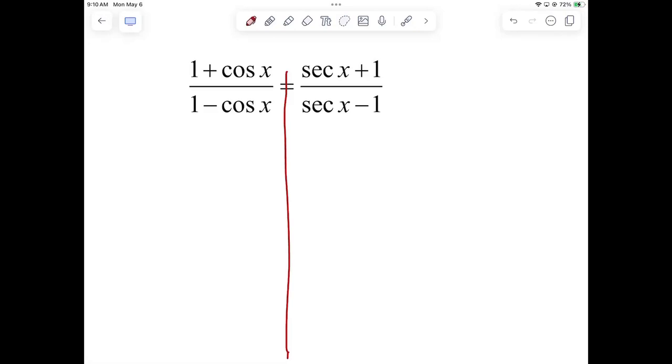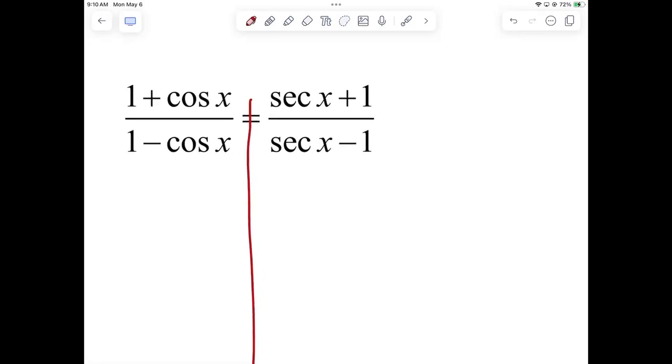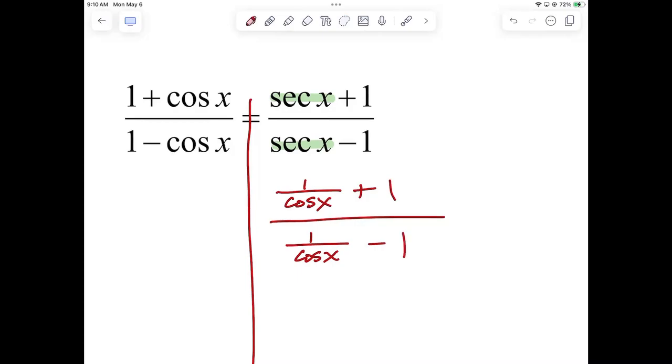In fact, it's just the reciprocal, right? So my first step here would be to replace both of these secants with 1 over cosines. That gives me 1 over cosine plus 1 all over 1 over cosine minus 1.